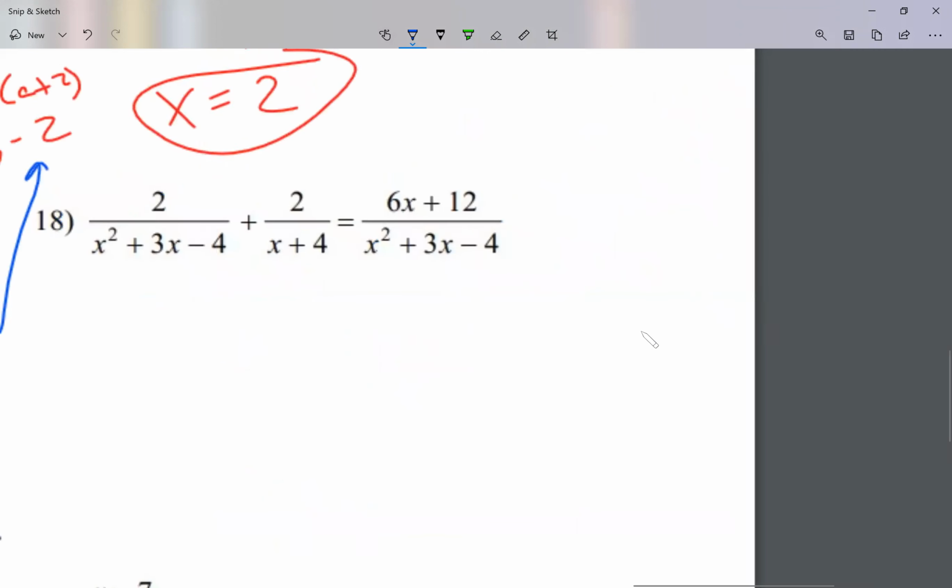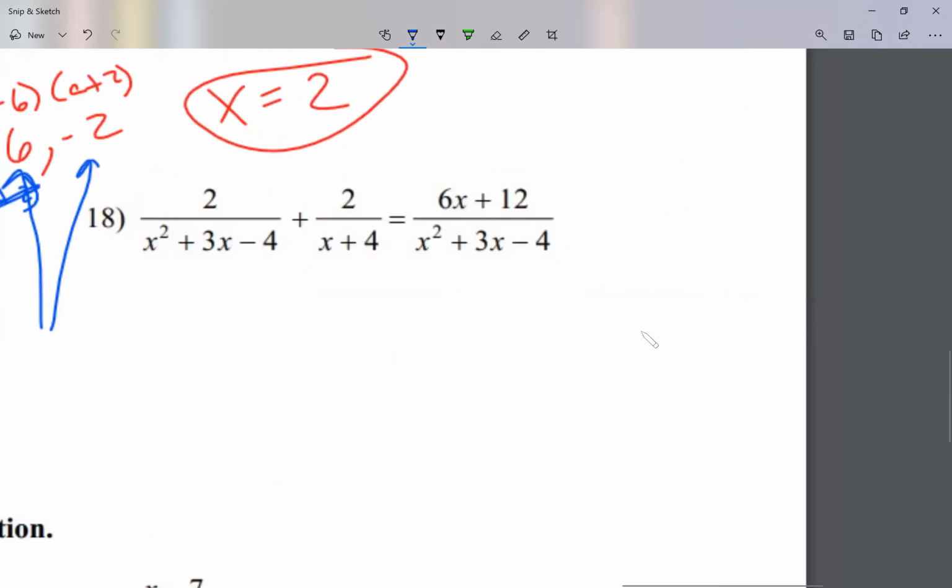Let's take a look at question number 18. First of all, let me factor everything out. So on the first fraction, x squared plus 3x minus 4, right? Thinking of two numbers that multiplied equal -4, but when I add them give +3.